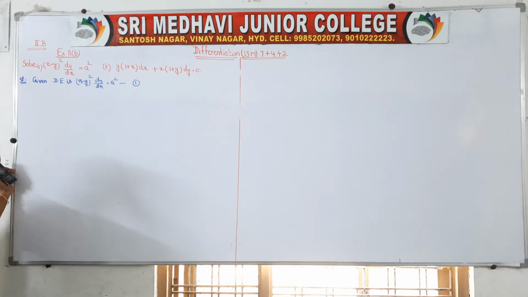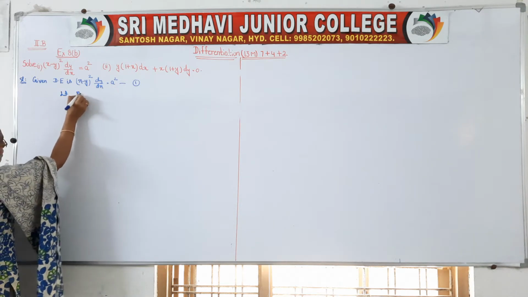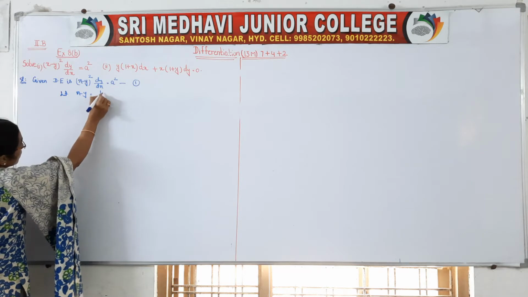If it were (x minus y) into dy by dx, we could separate it. But here (x minus y) whole square is there. So, as I already told you, if we cannot split it into a simple form, we will take that value as t, right. So let x minus y is equal to t.